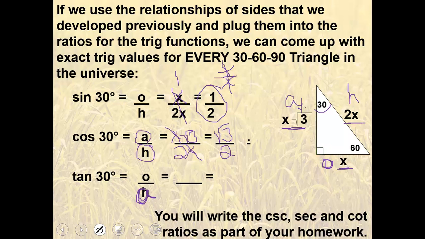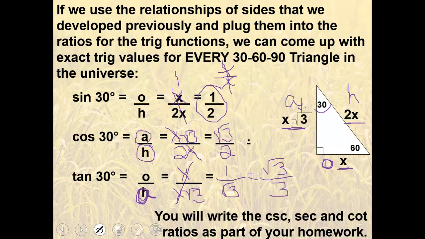That's an A. My side opposite is x. My side adjacent is x times the square root of 3. Look what happens. I get 1 over the square root of 3. And when I rationalize that denominator, hopefully by now we're seeing how this works. We just end up with the square root of 3 over 3.